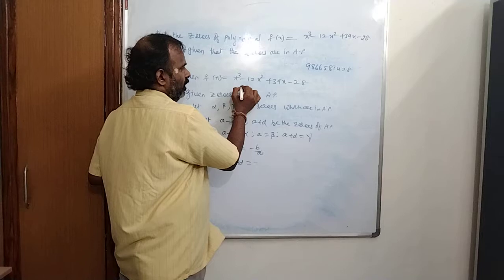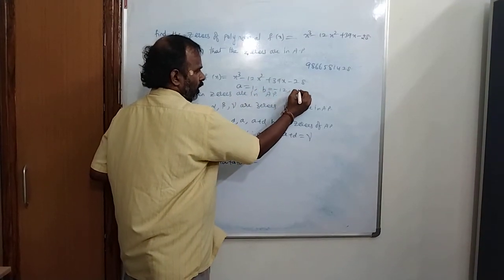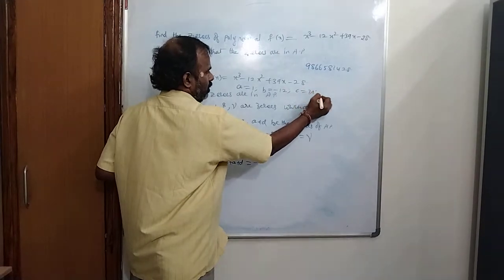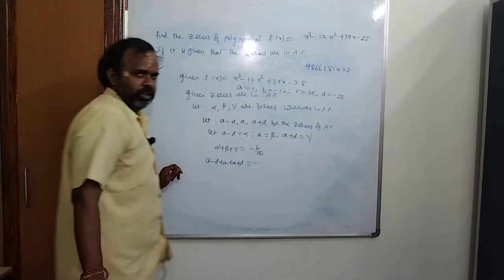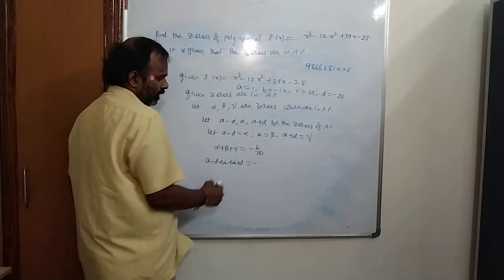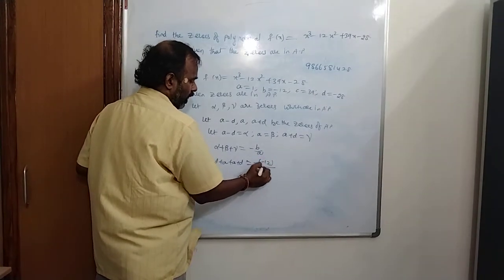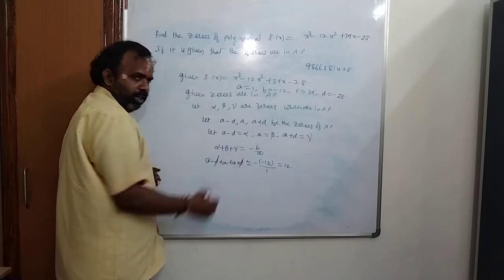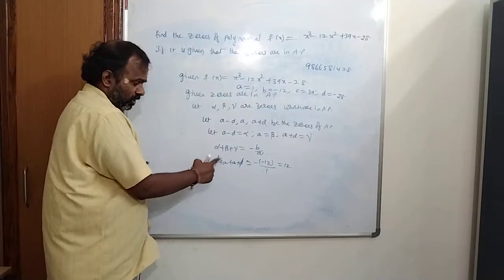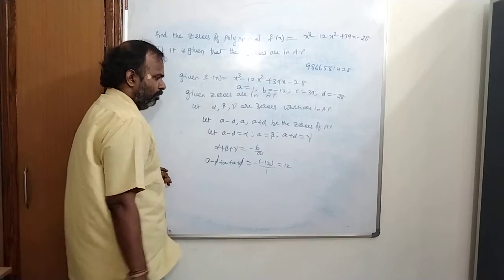Here a is 1, b is minus 12, c is 39, d is minus 28. So minus b is minus of minus 12 by 1, that is 12, and plus d and minus d get cancelled. This is the reason why I have taken a minus d, a and a plus d.